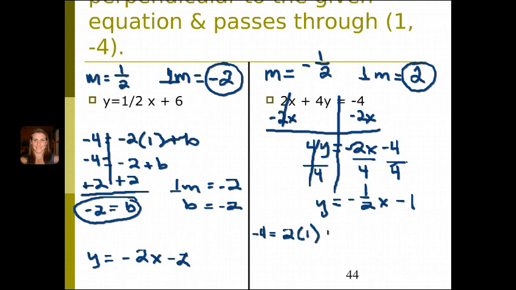If I subtract 2 from both sides, I find that b equals -6. All right, so now we just have to write the line. So again, you're using your perpendicular slope and your new y-intercept that you just found. So you would have y equals 2x minus 6.